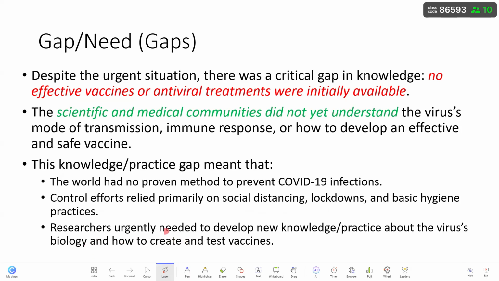And then, due to these two gaps, researchers urgently needed to develop new knowledge on how to handle this and how to find an antiviral treatment. So then people began doing research. That's how the research process started.